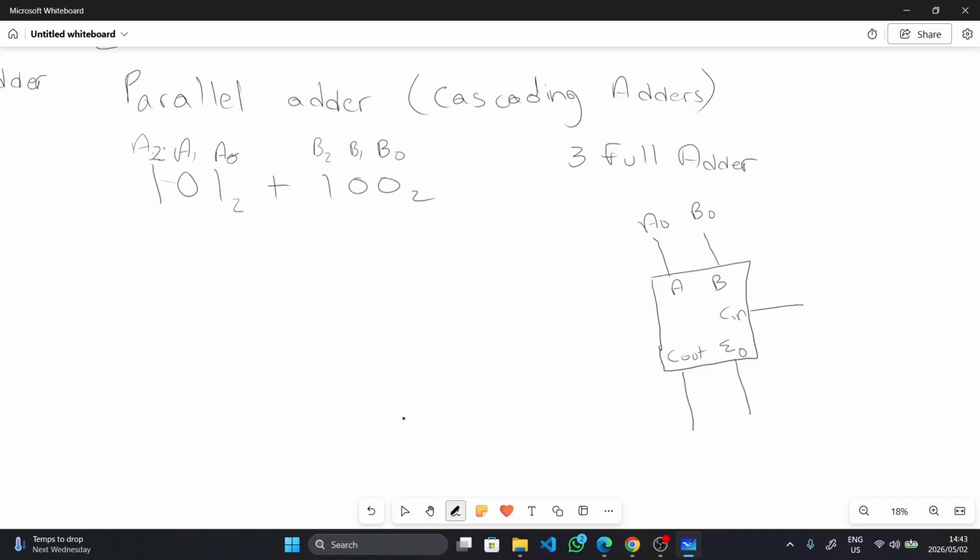In this case, we don't have any carry. If you remember, we are not adding any other value, so our carry in is just 0, and we can connect it to ground, right? And then we get our output, sum 0. So that's our first adder, then we'll have our second one. So this will be what? 0 plus 1. Alright.